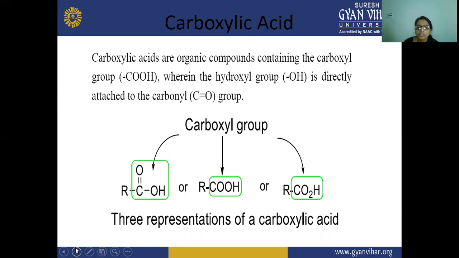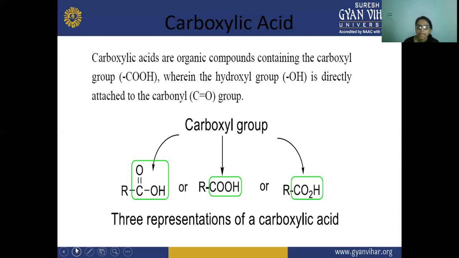So in this, you can see from the carbonyl part, the carbo is taken in this carboxylic, and from the hydroxyl group, the oxyl is taken. So from the mixture of carbonyl and hydroxyl, the name carboxylic acid has come.